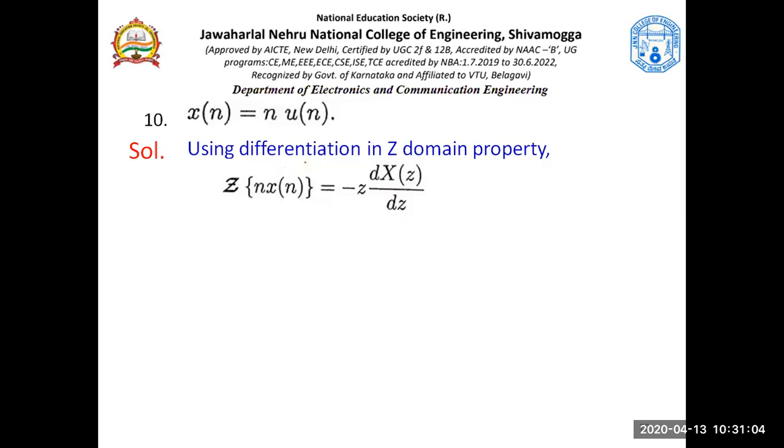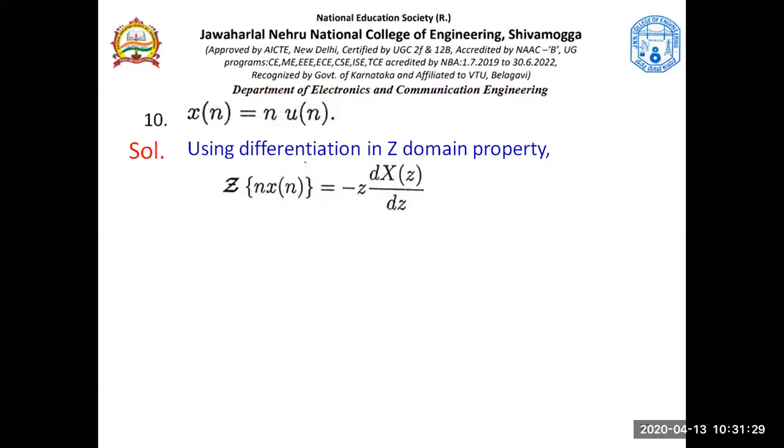What is this x of z? X of z is the z transform of x of n. So why is this property called differentiation in z domain? Because this is time domain, this is z domain. In z domain, x of z is being differentiated with respect to z.